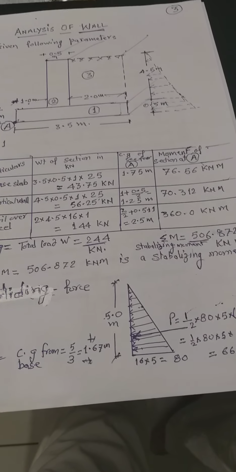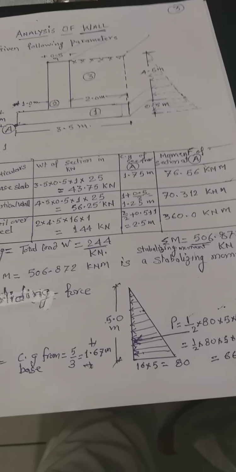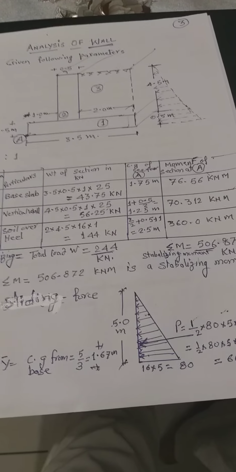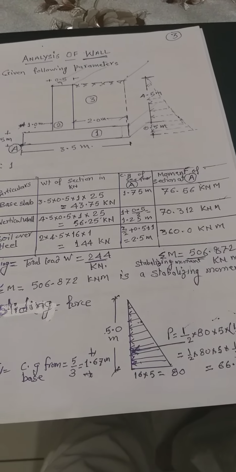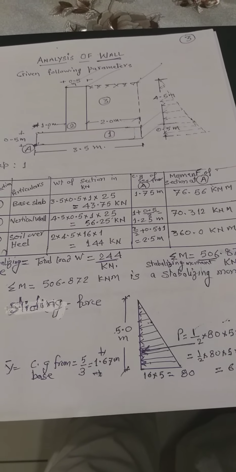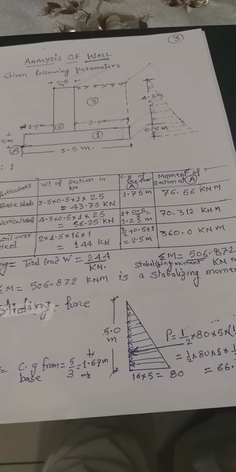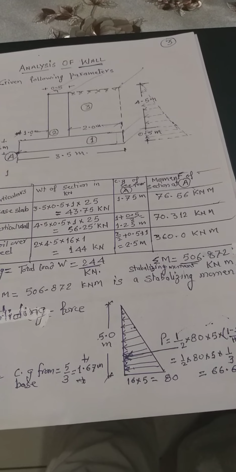The center of gravity of this soil over the heel can be very easily calculated as 2 by 2 plus 0.5 plus 1.0.